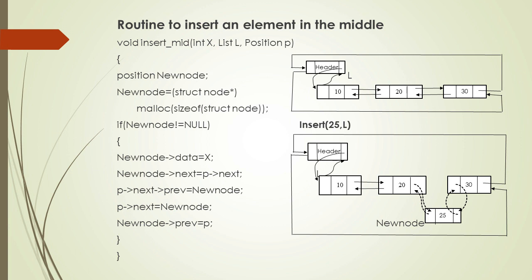Now we are creating a new node with its structure. New node is equal to struct node pointer malloc size of struct node. If new node is not equal to null, the new node data is x, new node next is P next, P next previous is equal to new node, P next, new node previous is equal to P.